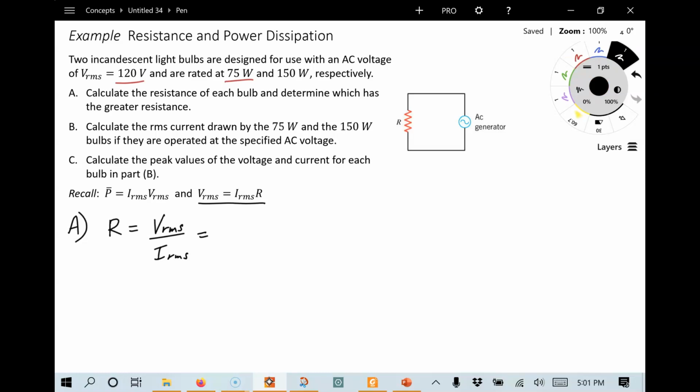Using this equation, I know what the power is, I don't know what I is. Let's rewrite that real quick. I RMS from the power equation is equal to the average power divided by V RMS. Let's substitute that in.